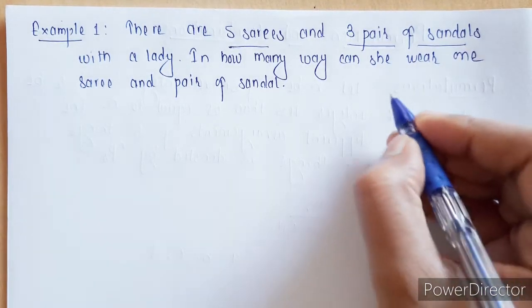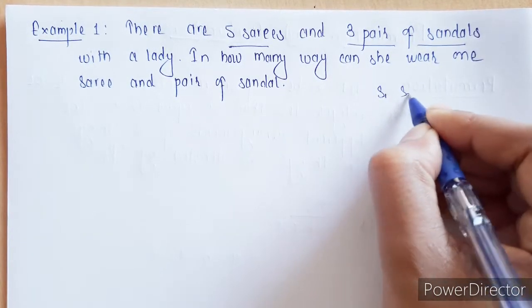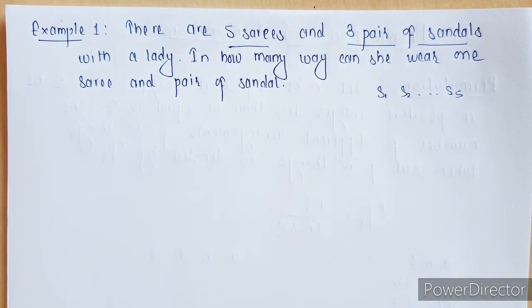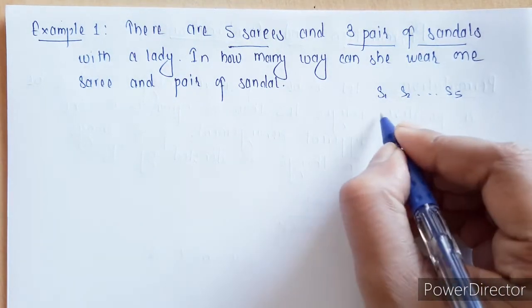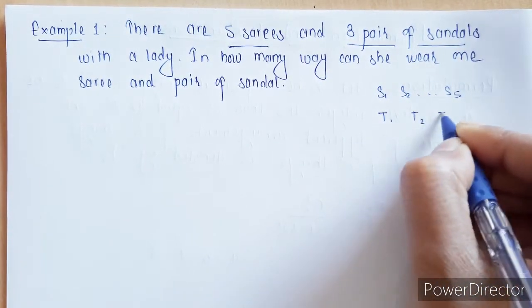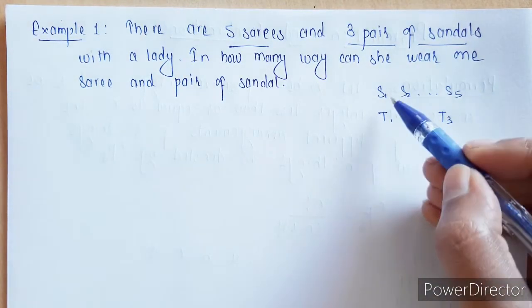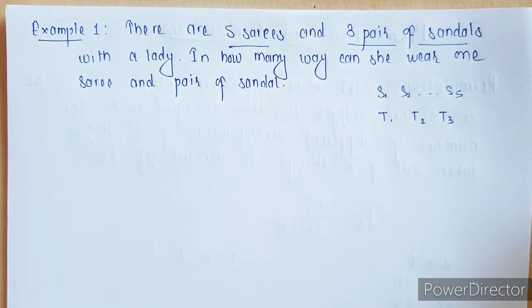So let me take saris as S1, S2, S3, S4 and S5, and let me take sandals as T1, T2 and T3. I am just representing them using letters S and T.